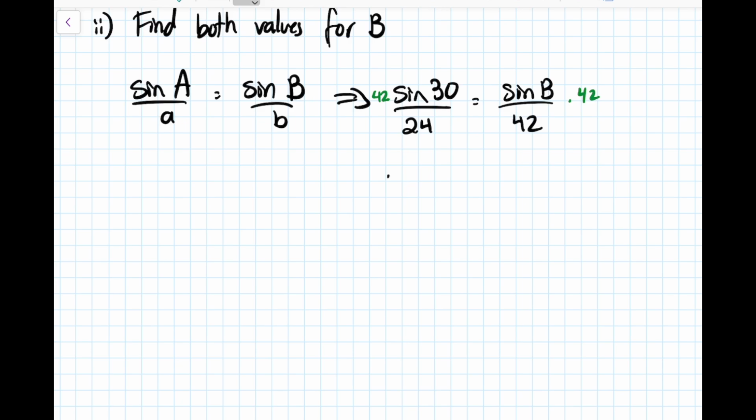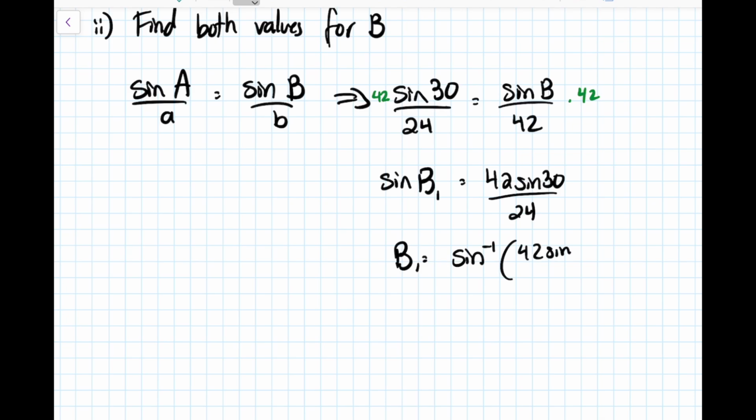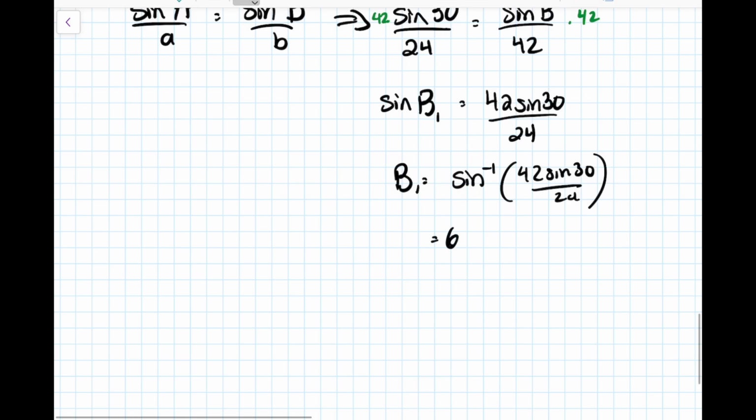We're going to end up with sine of B, or specifically sine of B1, right? Our first value is 42 sine of 30 over 24. So to get our first value for angle B, we're going to do our inverse sine of that, which is going to get us 61 degrees.